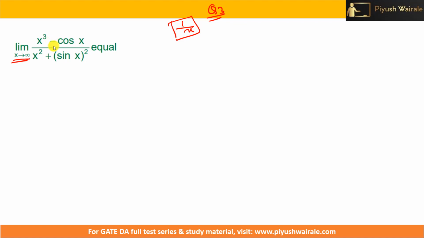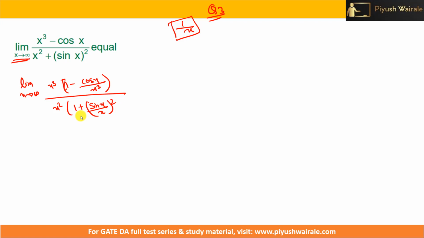Just take x cube common from the numerator and x square common from the denominator. Take the highest power common. So in this case, it is x cube, so it will be 1 minus cos x upon x cube. And here from x square, x square common, 1 plus sine of x upon x square.